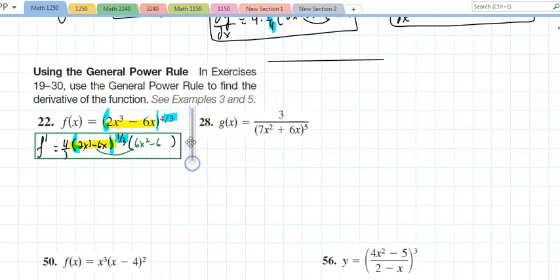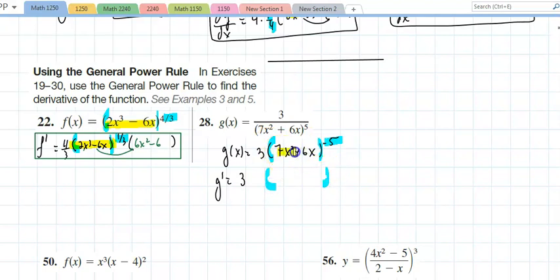This requires the quotient rule, right? Look how simple that becomes. And how does that work? G prime is in one line. The 3 I leave alone. Well, let's see. The outsidemost function is this part.